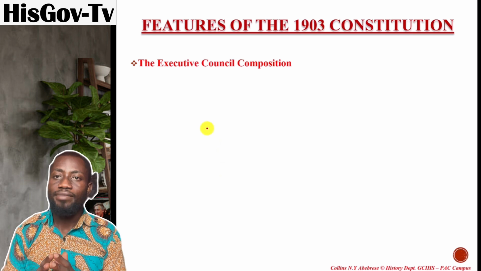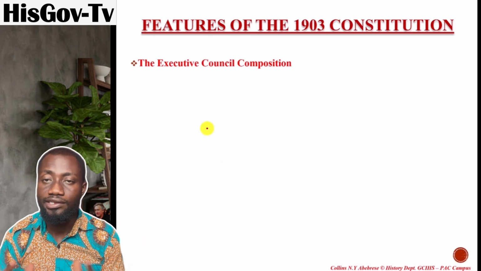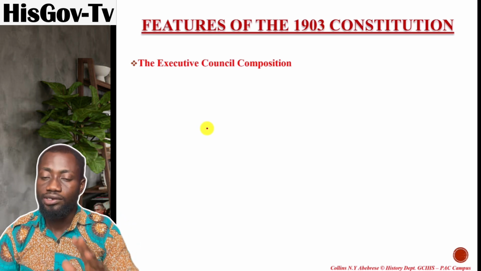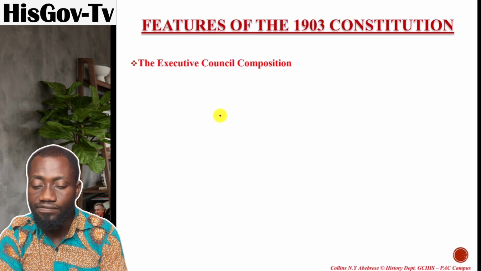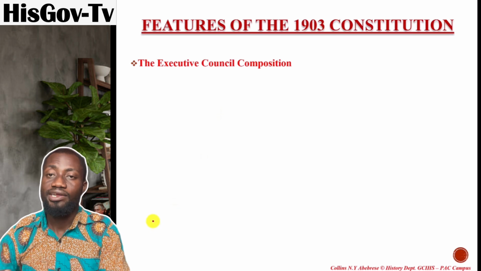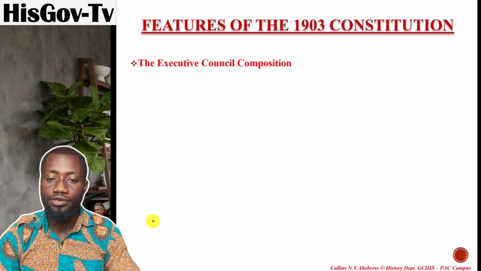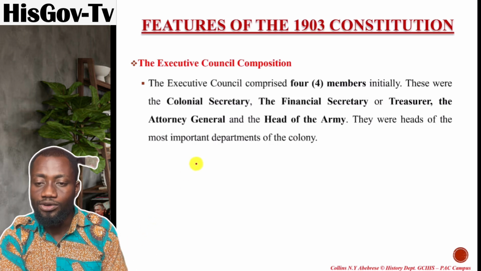Now, bear in mind that this constitution was only applied to the Gold Coast. Ashanti, the Northern Territories, and the British Togoland were not part of this constitution. Now, let's take a look at the executive council, because we've already established that there was an executive and a legislative council in the colony. Let's take a look at the composition.